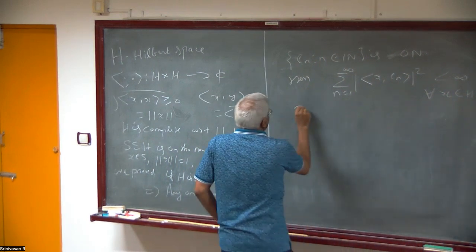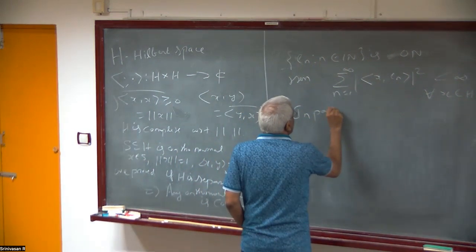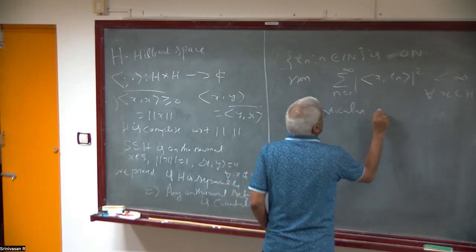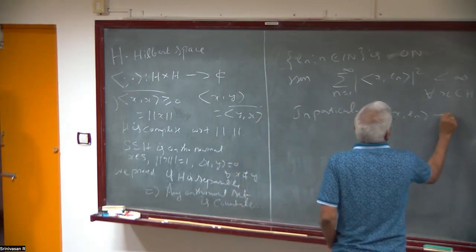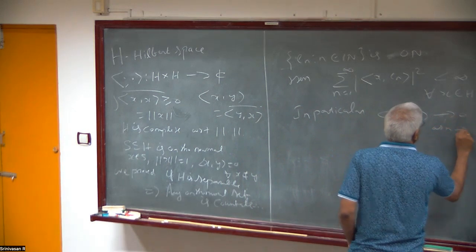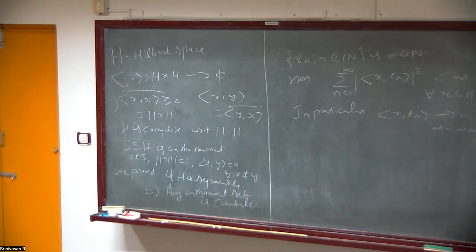In particular, we proved that ⟨x, e_n⟩ goes to 0 as n goes to infinity. Okay, we proved all these things.